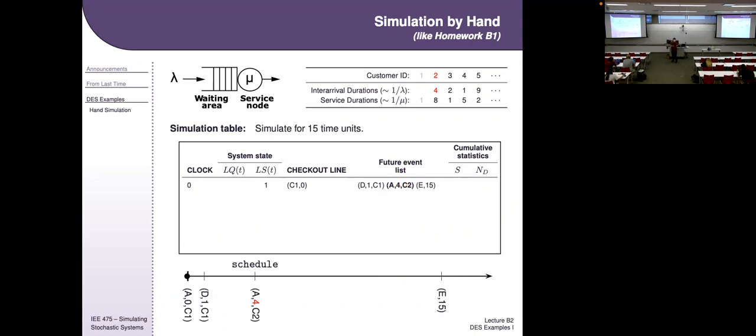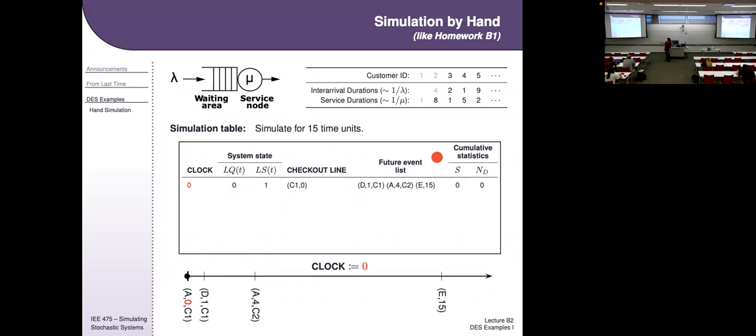So whenever you process one arrival, you schedule the next arrival. I look at the inter-arrival times, and I see there's 4 minutes between customer one and two. So customer one came in at time 0, customer two will then come in at 4, so that goes on to the FEL. And then the rest of the things here, I know are going to be 0.